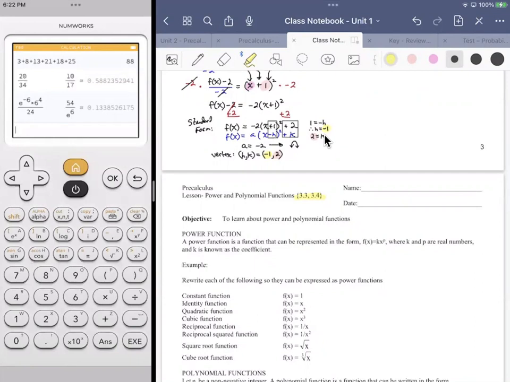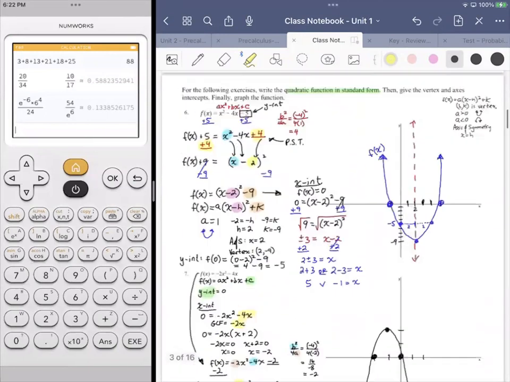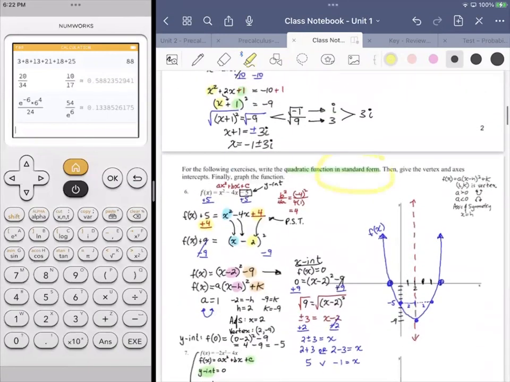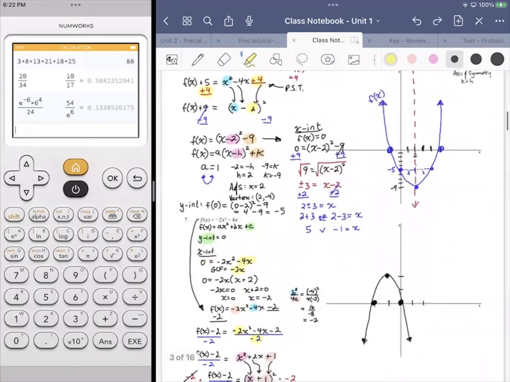Let's see. Can we find h with a and b and then run h through the function to find k? Yeah, that's fine. The only reason that I did it this way is because it said specifically to write it in standard form. If it didn't say that, I would use my good old axis of symmetry formula and plug it all in.